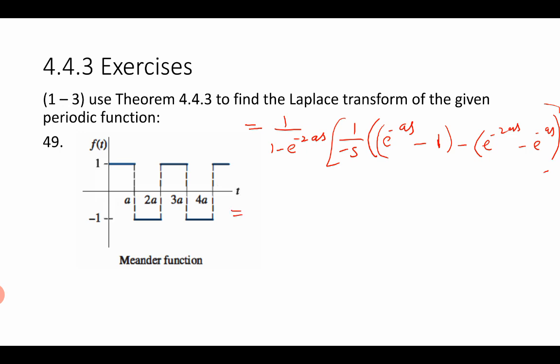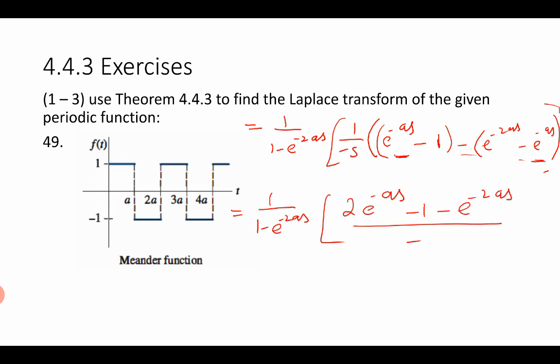Further simplify this one, 1 over 1 minus e raised to minus 2as, the numerator, this is e raised to minus as, e raised to minus as is positive, isn't it? So 2 times e raised to minus as minus 1 minus e raised to minus 2as divided by minus s. So when you change the sign, this negative can be removed.